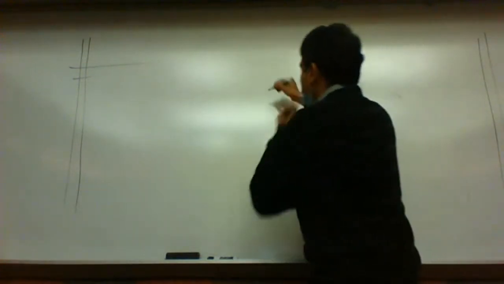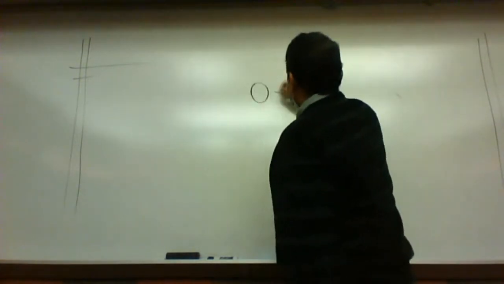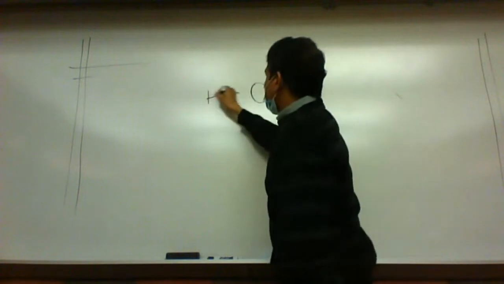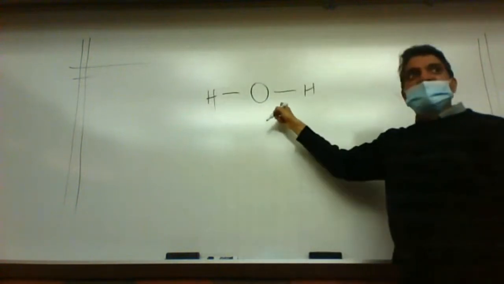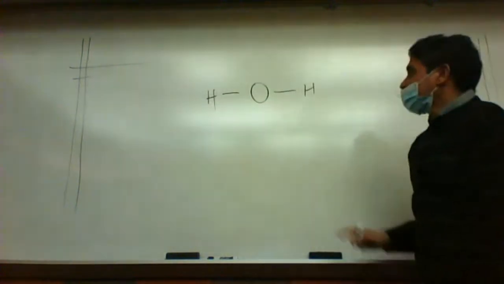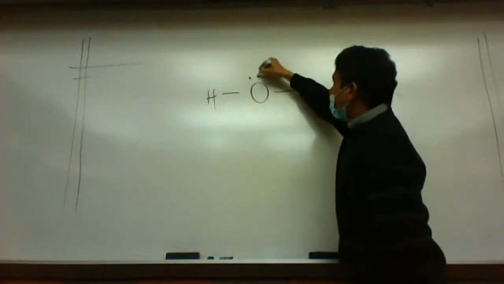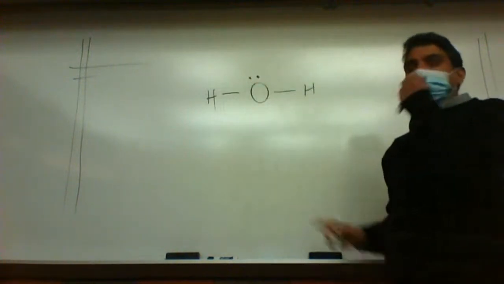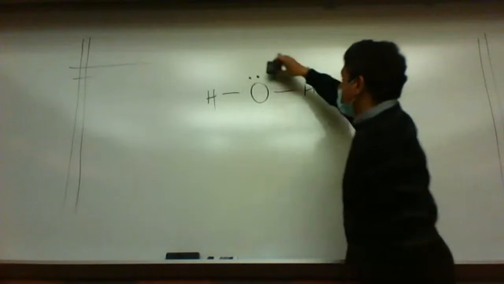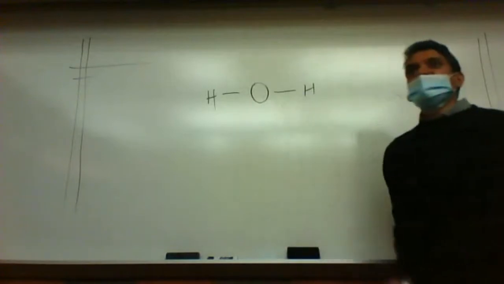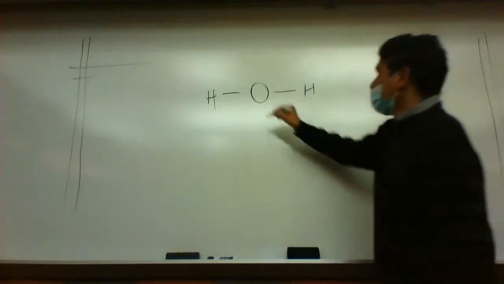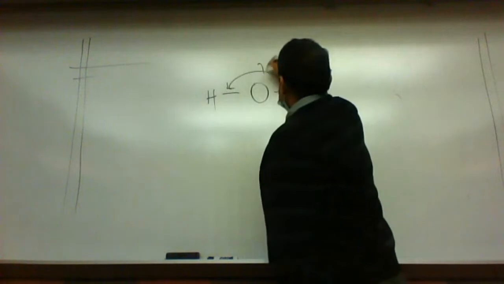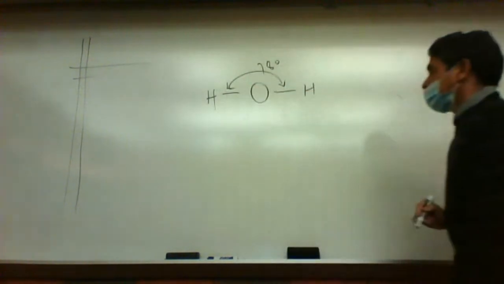And I told you that let's say you have a molecule like this, and if this is the water molecule, this is the oxygen, this is hydrogen, hydrogen. If there is no lone pair, it looks like this, a linear molecule. Its bond angle is 180 degrees, like a straight line.